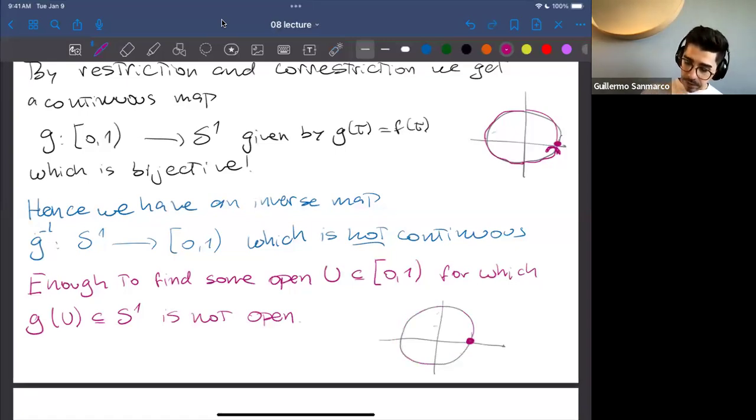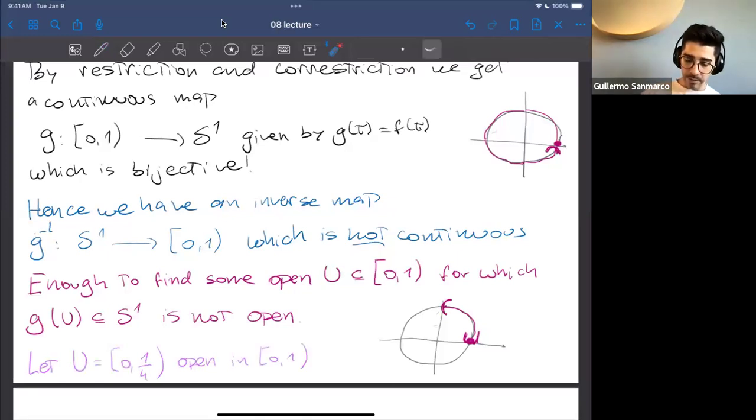But if you stop before getting there, so suppose you get to this point, how do you get there? Just using the first 1/4 of your interval. So let's take that U to be [0, 1/4). And this is open in our domain. For example, it's [0, 1) intersected with (-1/4, 1/4). So it's open.